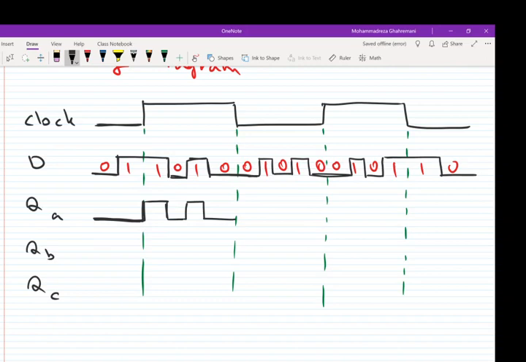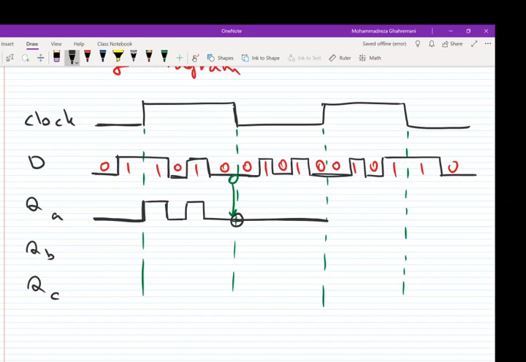So when the latch reaches the transition and it starts to experience the deactivated area of the clock cycle, the last value of the input, which is 0, will remain on the output and doesn't change. So the last value of the input will remain on the output until the next active level.